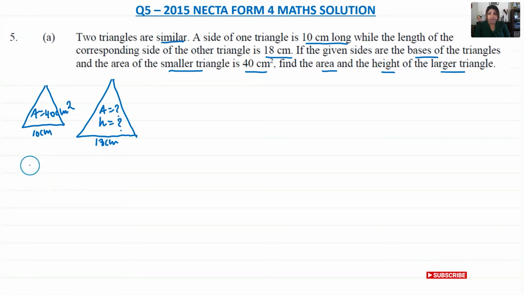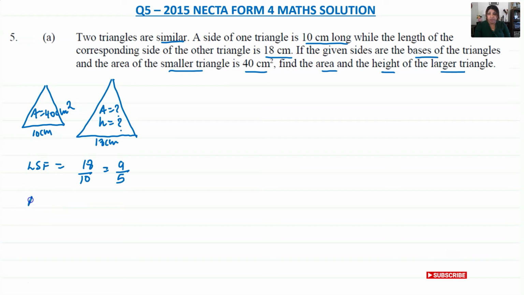First thing you need to do is find the length scale factor, which is going to be equal to 18 over 10, which is 9 over 5. And why do I need the length scale factor? Well, there's no other way of finding the area unless I find out what the area scale factor is. So I'm going to use the similarity knowledge to find the area of the larger triangle.